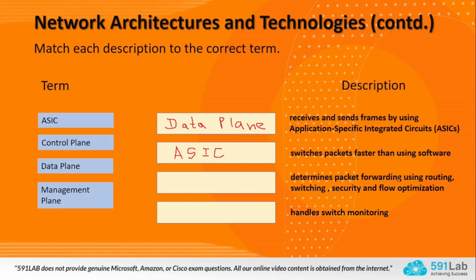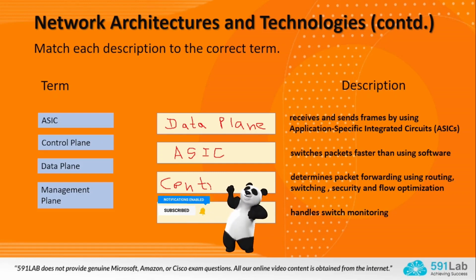Determines packet forwarding using routing, switching, security and flow optimization. So this is the determination function, that is the decision-making function. Who is doing the decision making? That is the control plane.